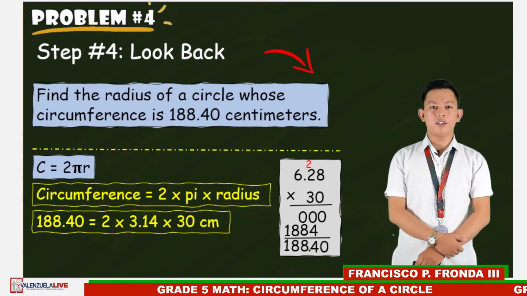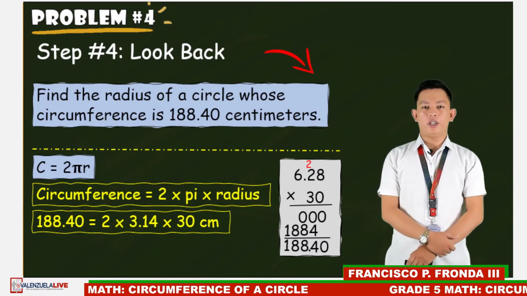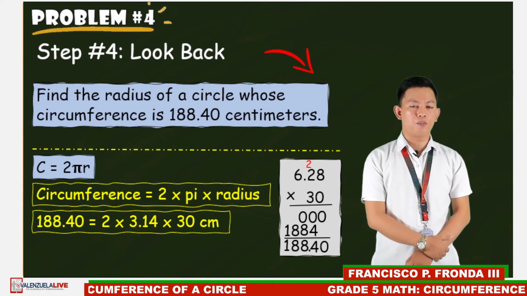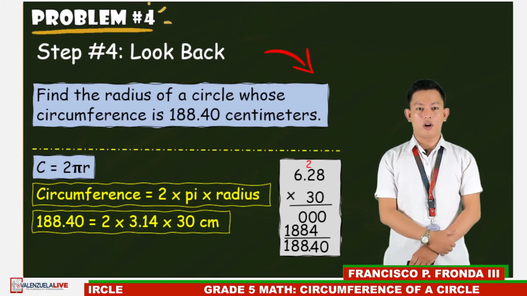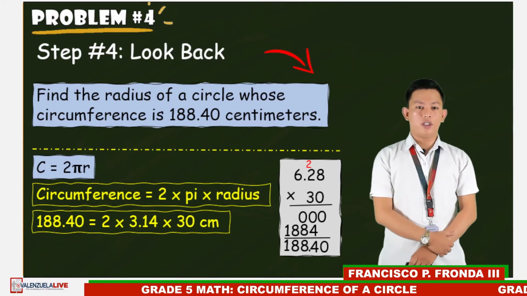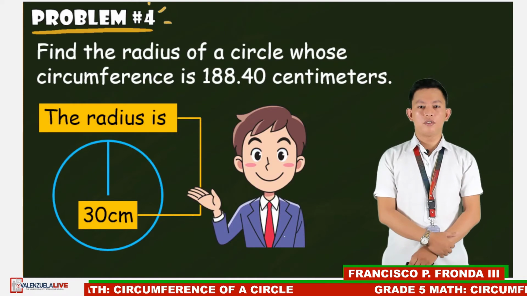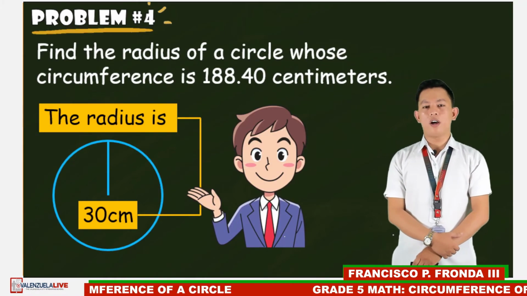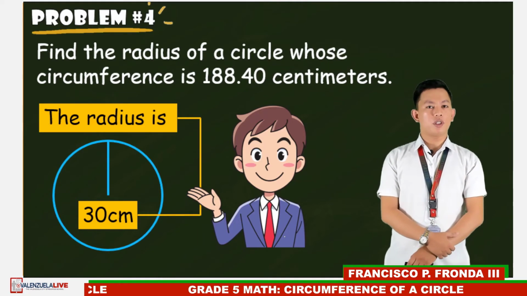Okay, so the answer is 188.40 or 188 and 40 hundredths. So therefore, our answer is correct because the equation is balanced. Okay? Now, therefore, our answer is, the radius is 30 centimeters.